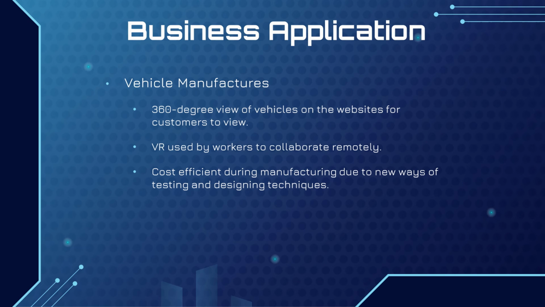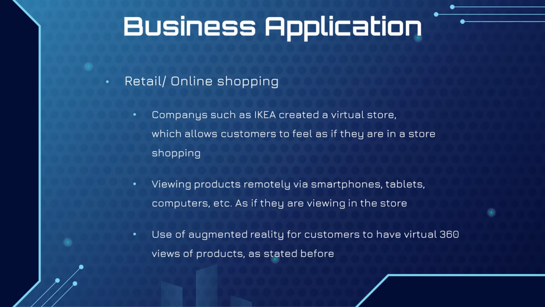Moving on with retail online shopping, we can get a great example from the company IKEA, which uses virtual reality to help consumers have a better and more reliable purchase. It allows consumers to experience products in a virtual, real-world scenario to give them a better sense of the product.